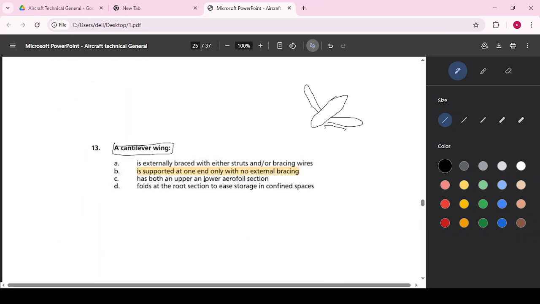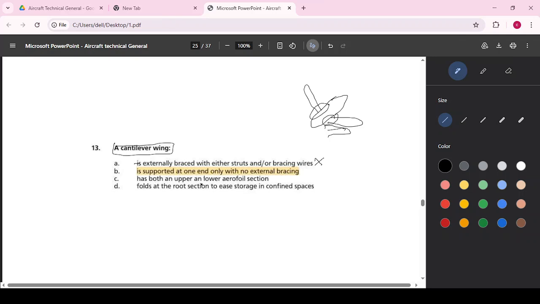Now we will see. A cantilever wing is externally braced with either struts or bracing wires. No, we cannot see any struts or bracing wires. Structure in the wing is supported at one end only with no external bracing. That is true. Here these are supported.